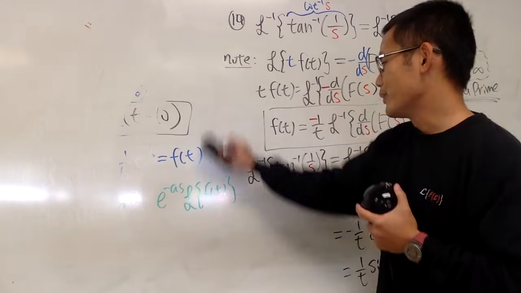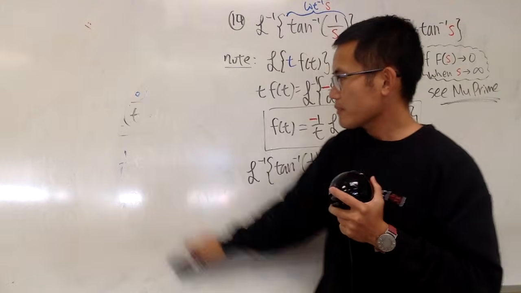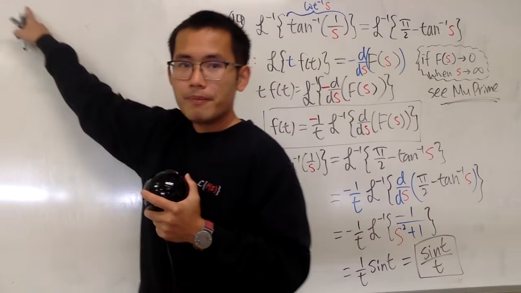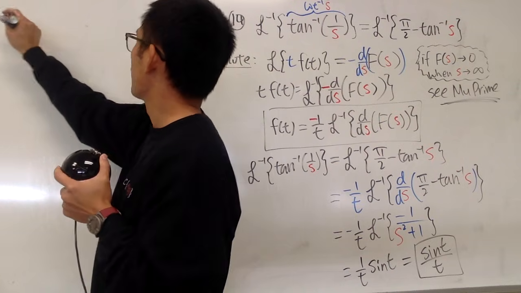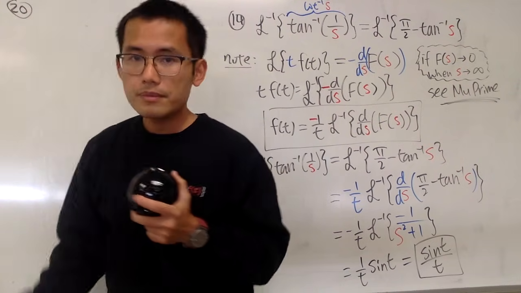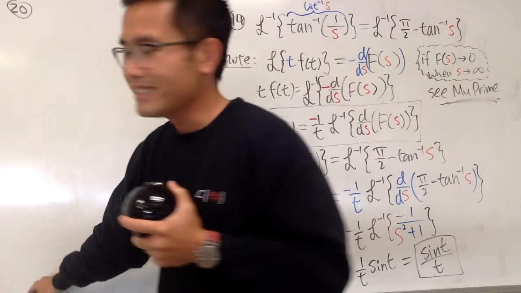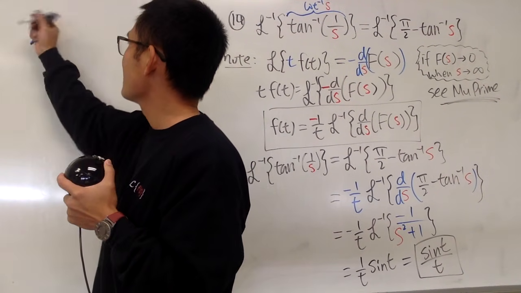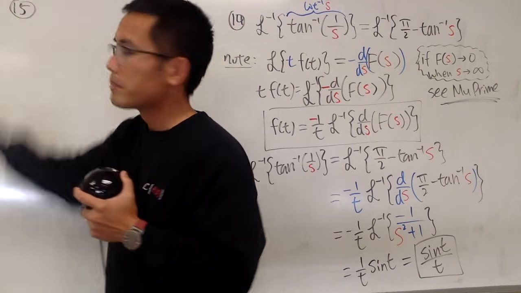I have another example for you guys because I know this might be super bizarre sometimes. So here is another one. Number 20. No, I thought that was number 19. I was like, wow, I'm almost done. No, number 15.